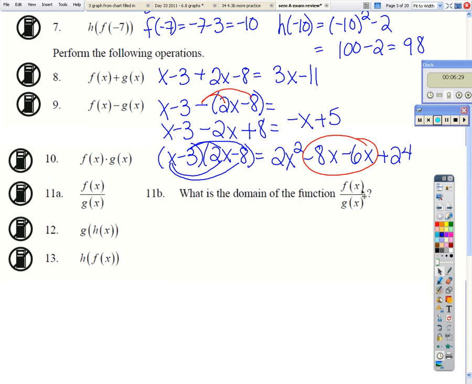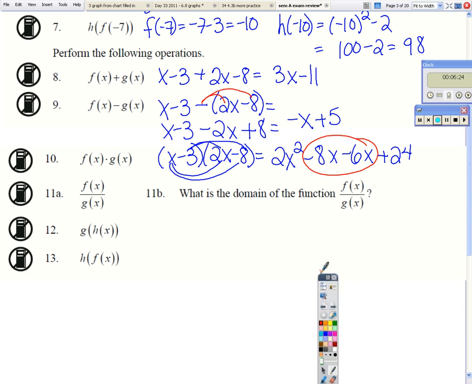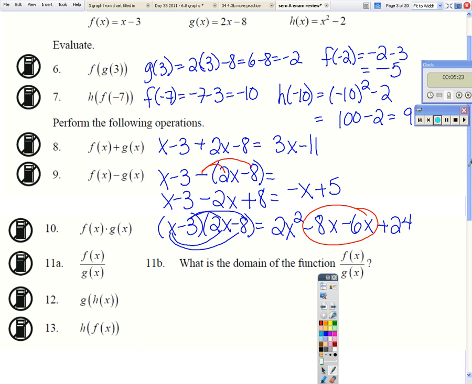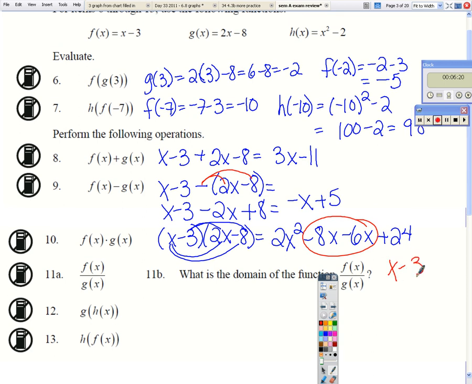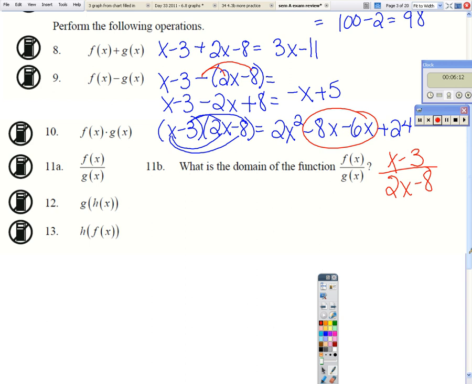Okay, so for number 11, f divided by g. F of x is x minus 3. G of x is 2x minus 8. Now to get the domain of that, one of the math rules that would send you to math jail is if you divided by 0.